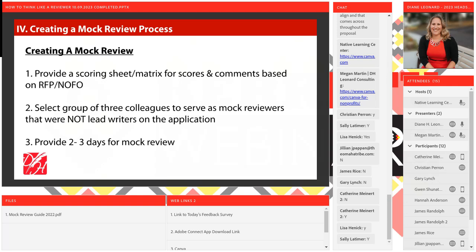The way we would create a mock review, if indeed there is an indication of how we will be scored or judged, is to create a really lightweight scoring sheet, something that is 1 page, ideally even less than a whole page, so that people could write down their scores and their comments. Ideally, we're going to have 3 colleagues who did not help write the application serve as reviewers.